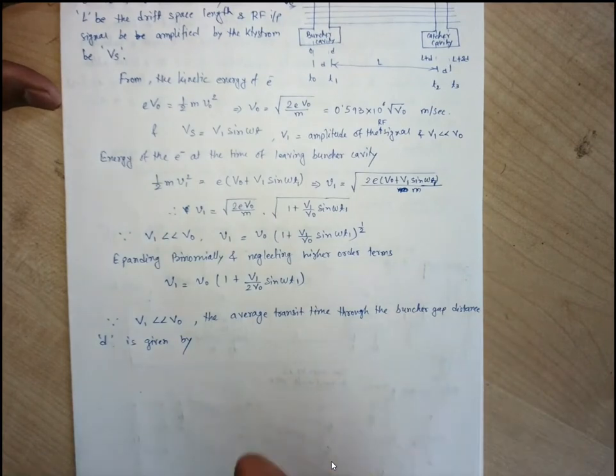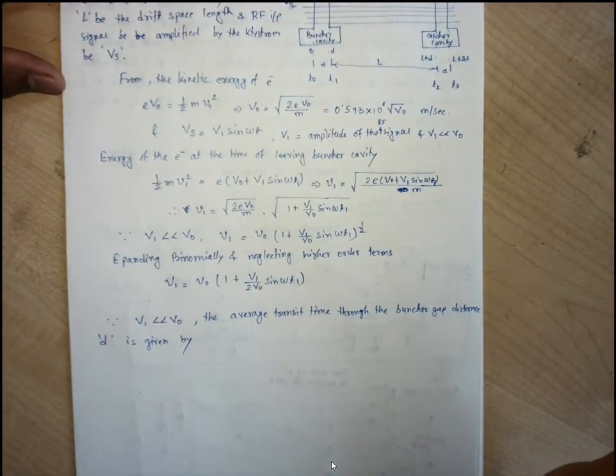Because there are three types of electrons: one is late, one is the reference electron, one is the early electron. So three types of electrons.